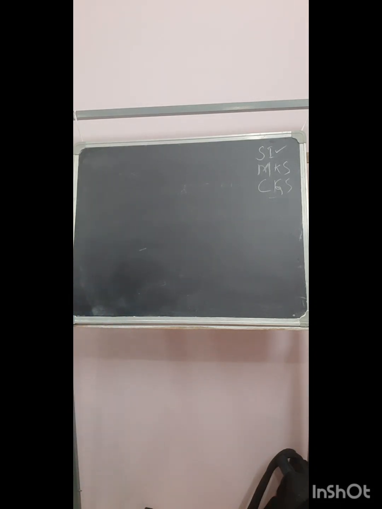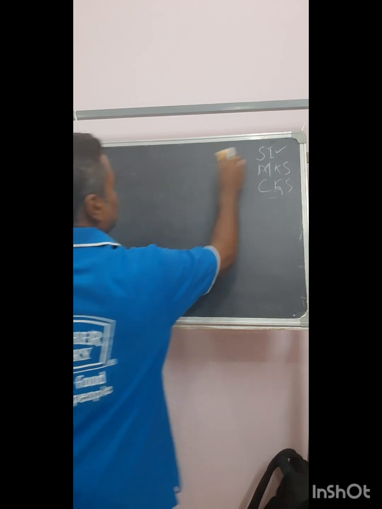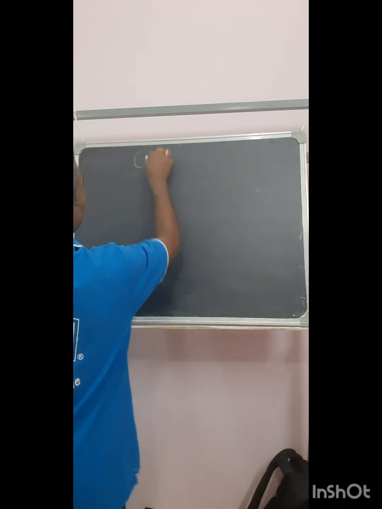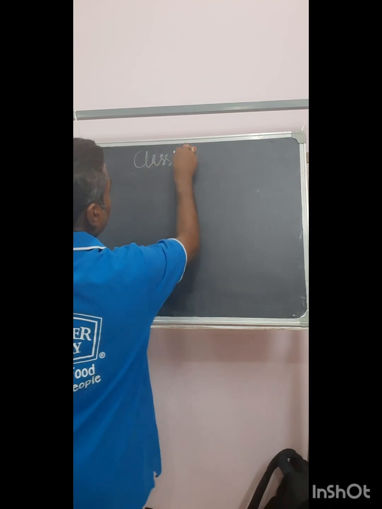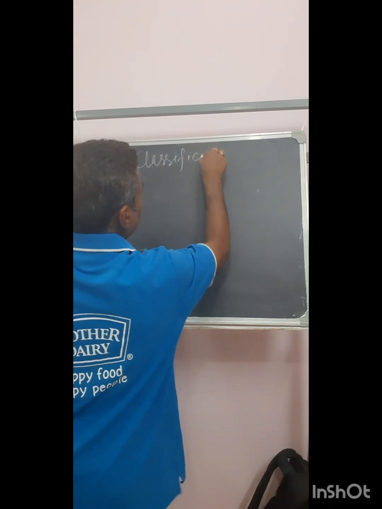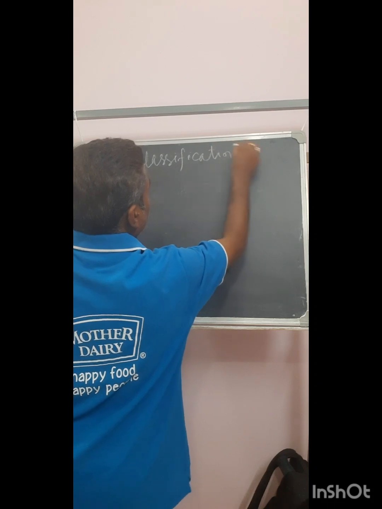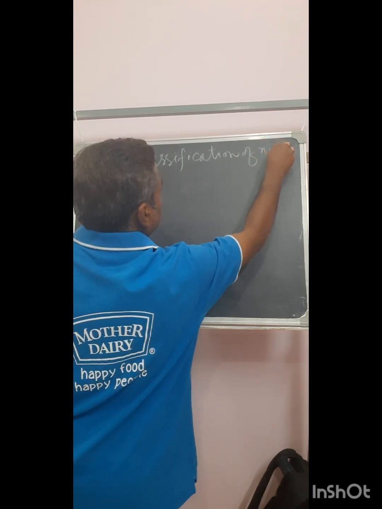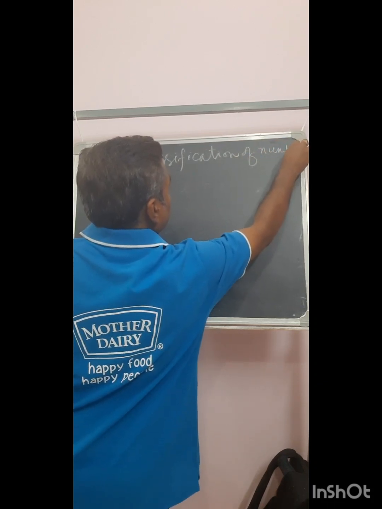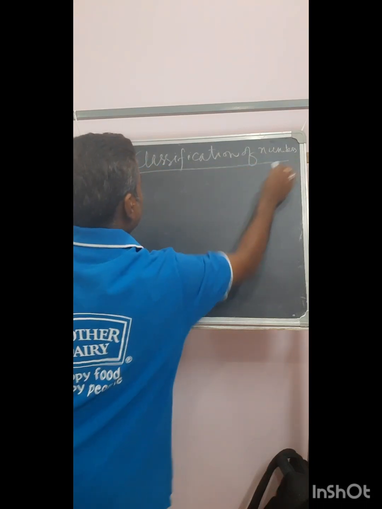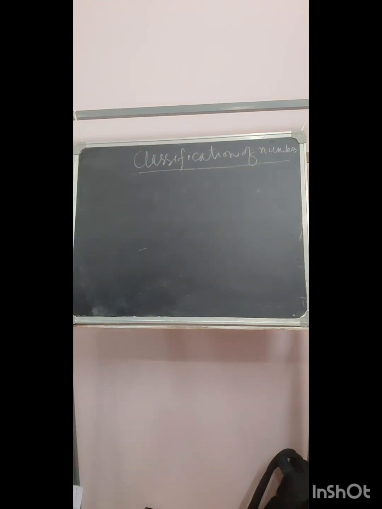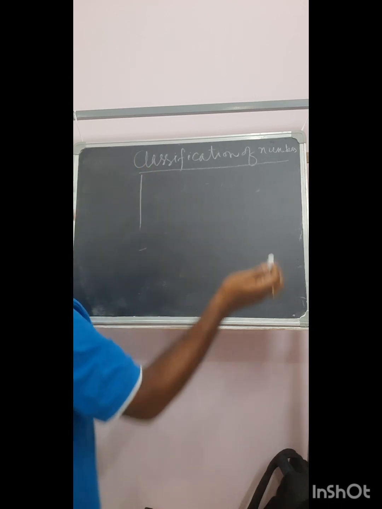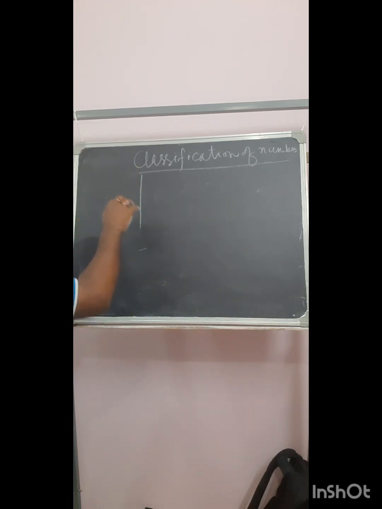The next topic is the classification of numbers. Okay. So classification of numbers depends on several characteristics of numbers. So I would like to introduce you to names, each with its opposite.